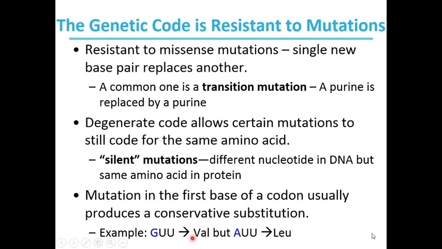Now, valine is an amino acid that is similar to leucine, so there is not much damage done because the amino acid property is conserved. Both valine and leucine are hydrophobic amino acids. And so these are different ways in which the genetic code is protected from mutations.